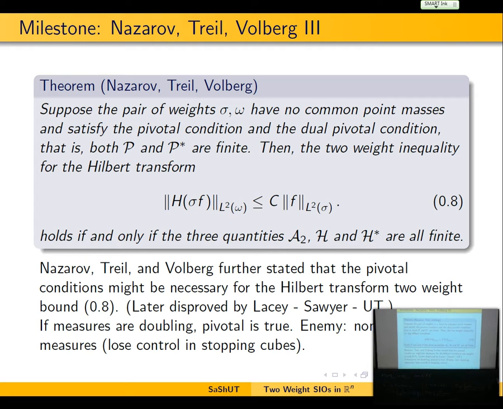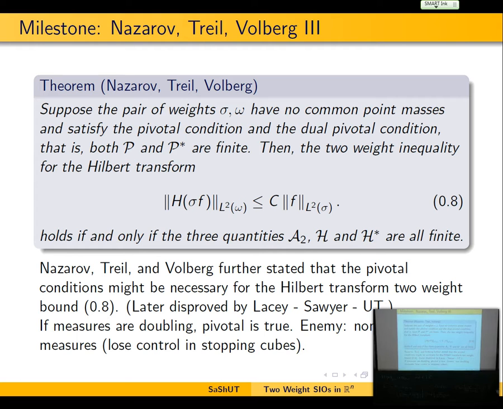However, let me remark also that if the measures involved are doubling, pivotal is true. So that already covers a very nice class of measures. So the enemy is the non-doubling measures, which will make you lose control in stopping cubes. I'll emphasize in a moment how.